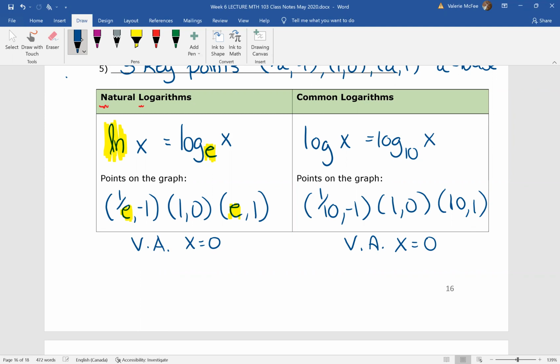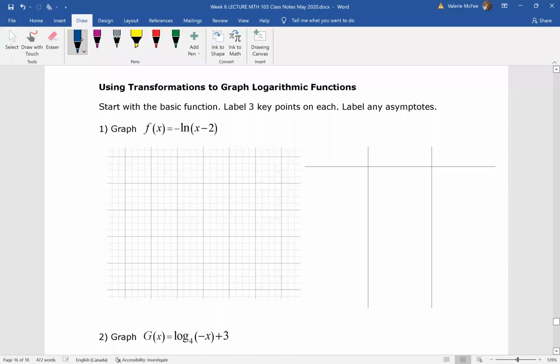Let's do a little bit more practice graphing for this week. We're going to jump right in with a natural logarithm. Let's rewrite this. This is negative log base e of x minus 2.